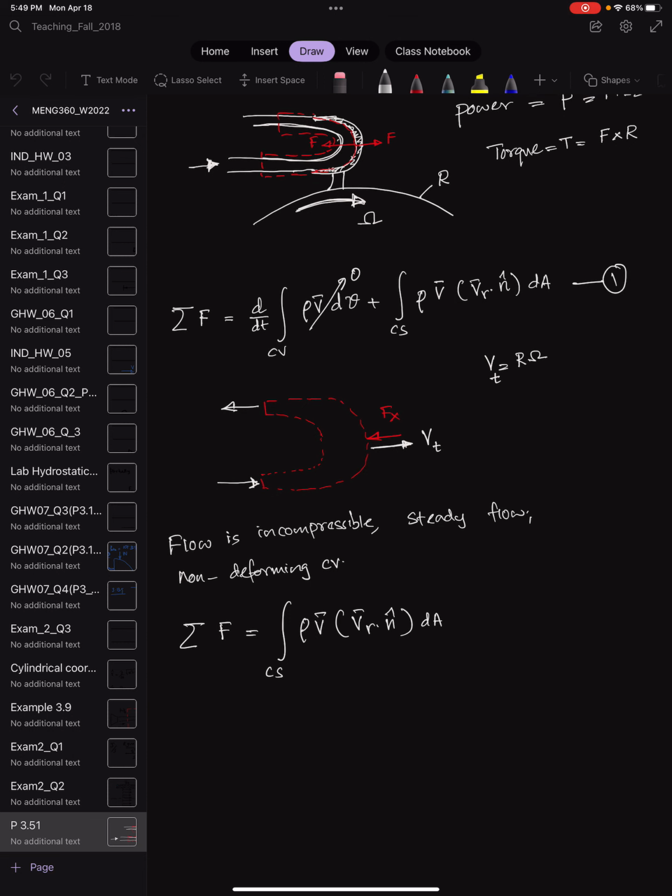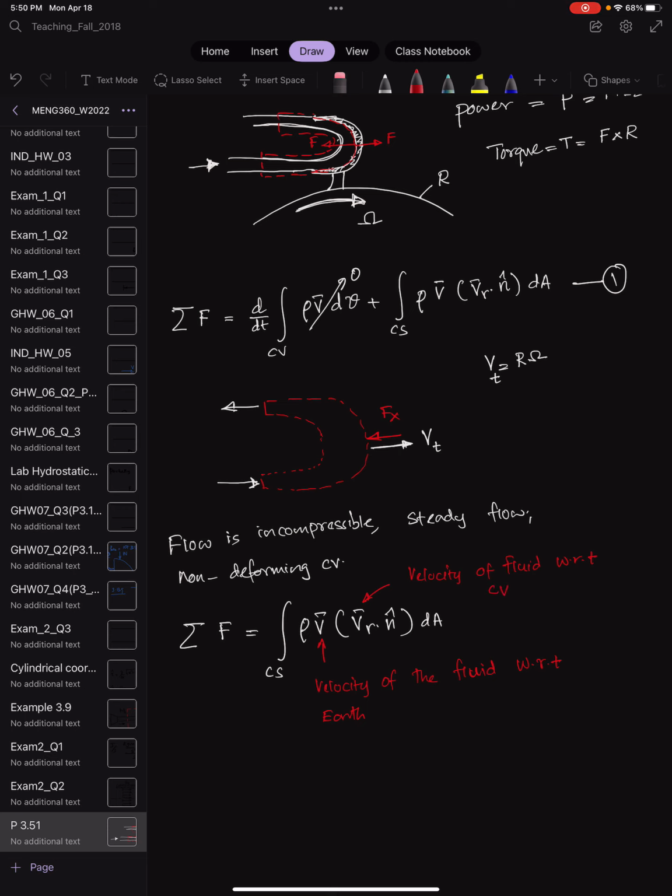Now we need to identify what each v means. This v is the velocity of the fluid with respect to Earth, and this vr is the velocity of the fluid with respect to the control volume.